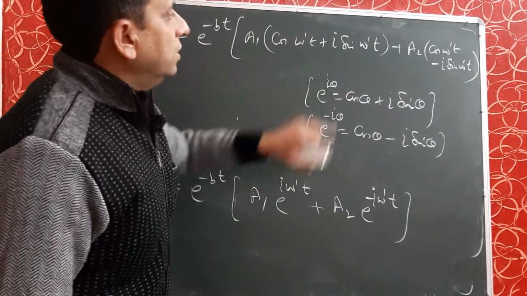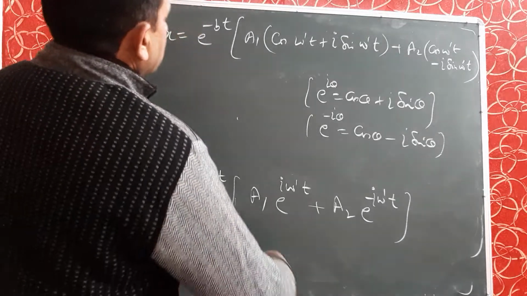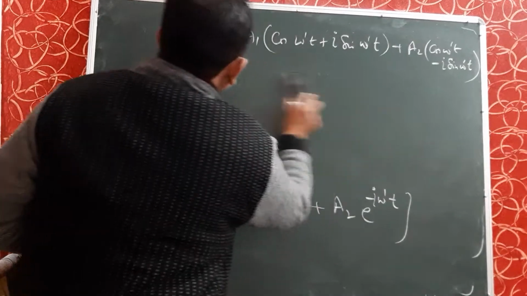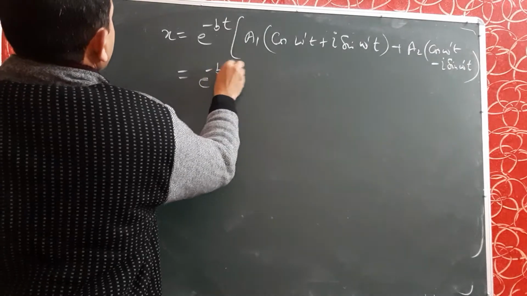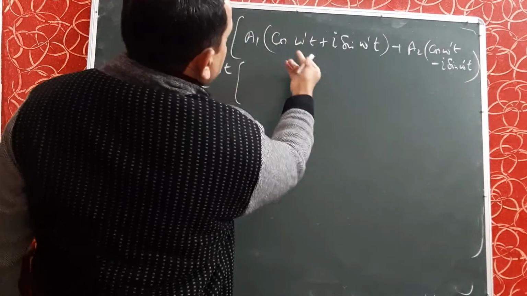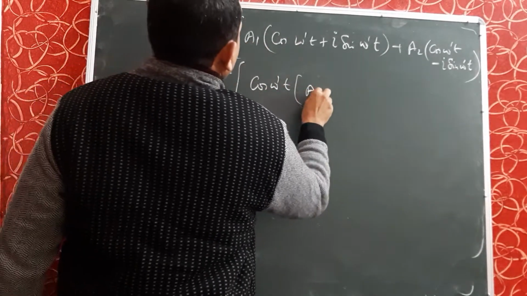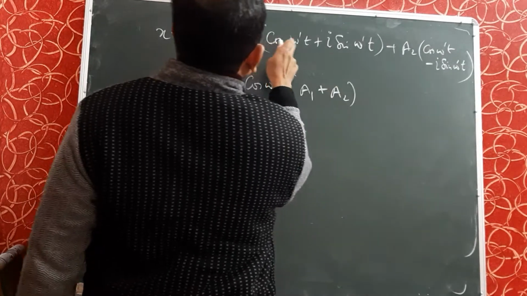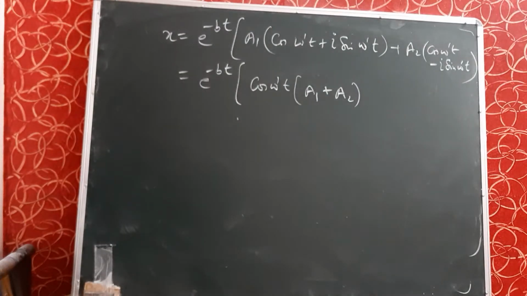Here cos and sine are harmonic functions or simple trigonometric functions. In the previous case, there were cos h and sin h, but in this case these are cos and sine harmonic functions. Again separating the coefficients, cos omega dash t is common, with a1 plus a2.